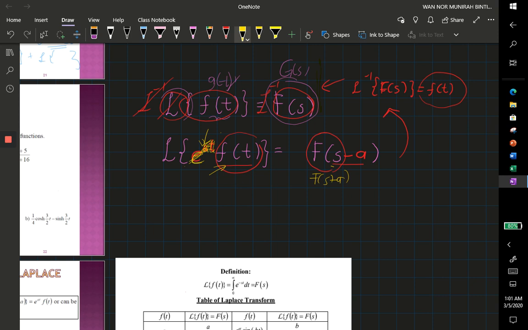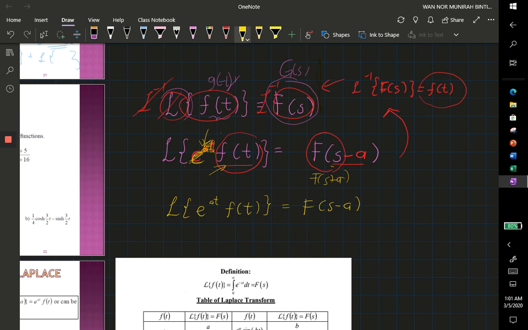But now we want to discuss the first shift property for the Laplace inverse. So let me copy this one: Laplace of e^(at) f(t). This is what we have discussed previously in the Laplace transform.